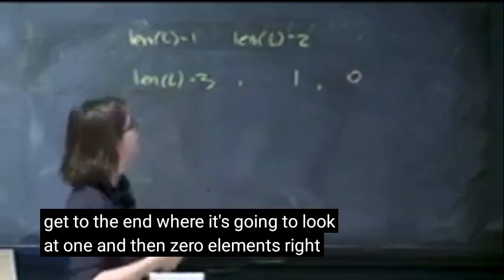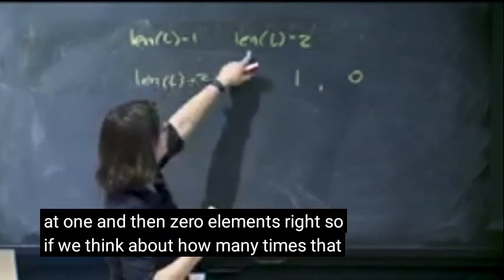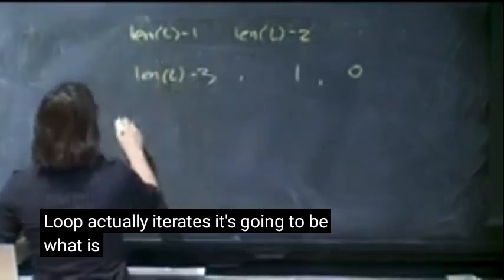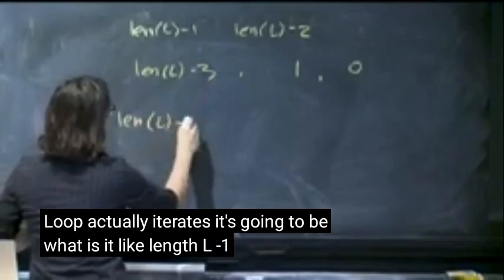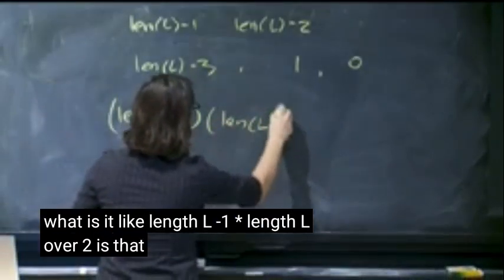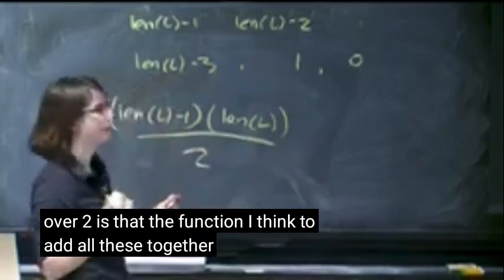So how many times does that inner loop actually iterate? It's like length L minus 1 multiplied by length L over 2. Is that the function to add all these together? Something like that.